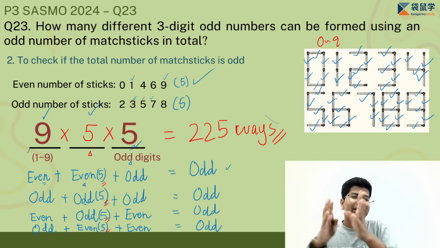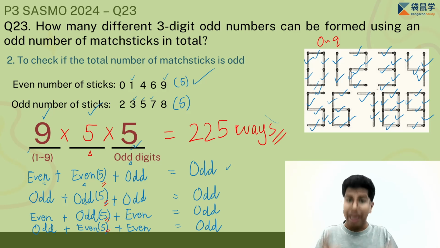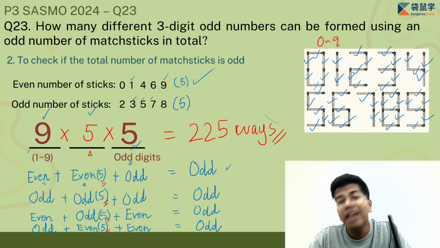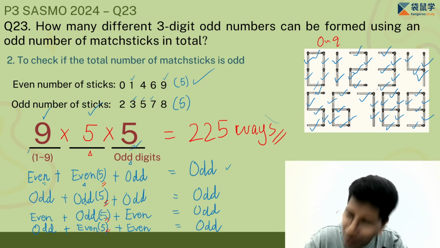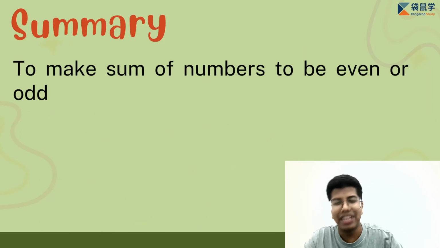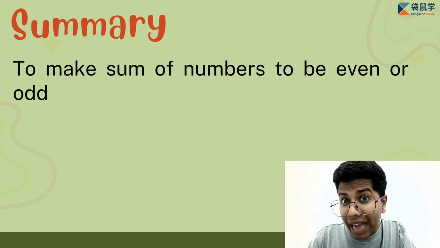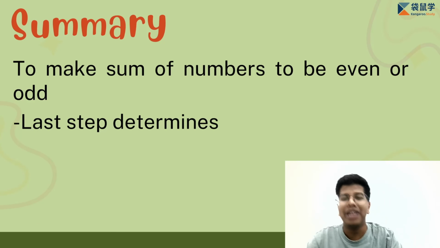The first was regarding the counting principle and the second one was regarding the number. Even if we need an odd or even number, the last step will determine if the number is going to be even or odd. So let's summarize everything. To make the sum of numbers even or odd, which step determines? Yes, the last step determines. This is what we can understand.